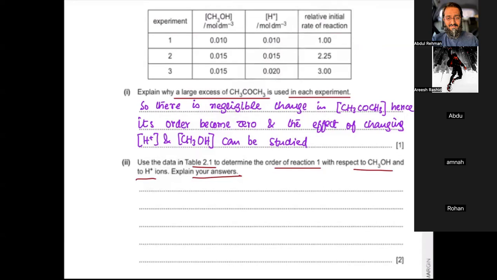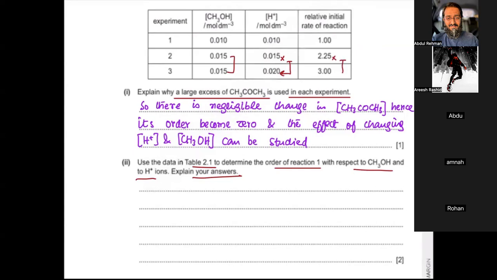Okay. So, see, these two are constants, and by some factor, the concentration of hydrogen ion is increased, right?